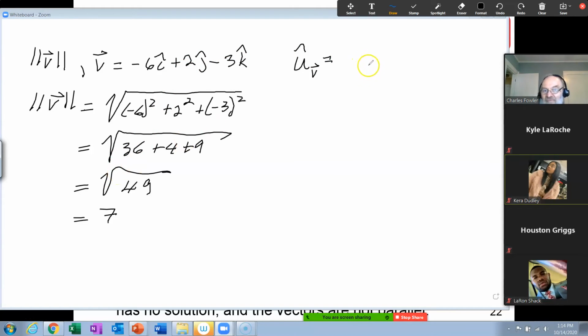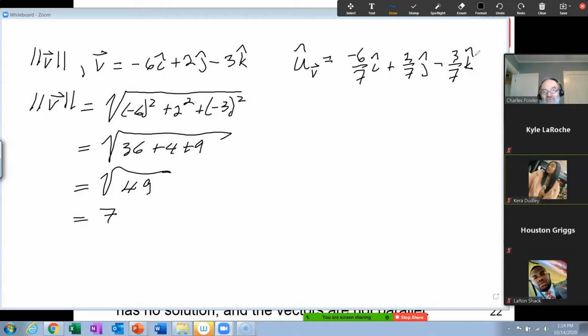I'd prefer to write it in component notation, but since they gave this one in ijk notation, I will write this one down too. That would be negative 6 over 7 i plus 2 over 7 j minus 3 over 7 k.